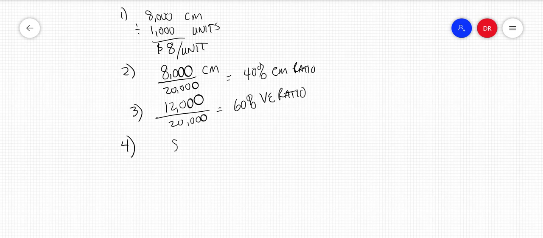So we have an $8 contribution margin per unit. We just multiply that times the number of units sold to get the amount that's added to an increase in net income. So if we're beyond the break-even point, that's what will happen.